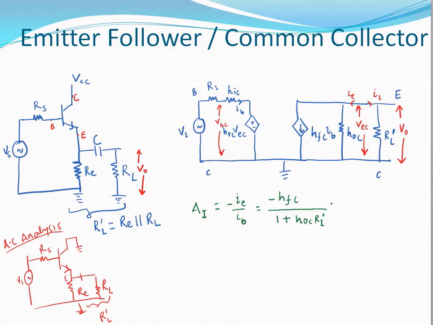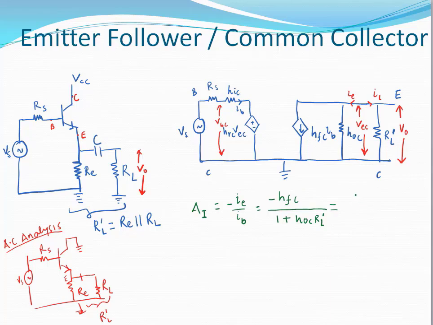We have already done this calculation, so directly using it, and from the previous class we have already converted the h parameters of common collector to common emitter. When we converted the HFC in common emitter, it will come as minus of 1 plus HFE.